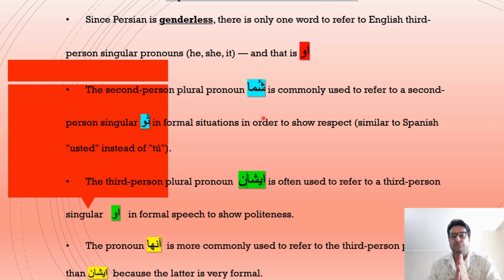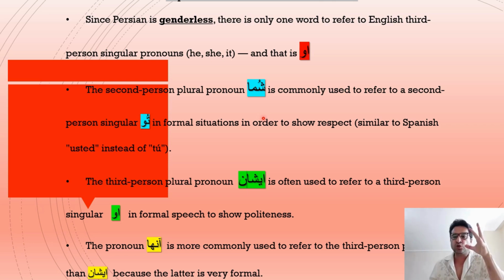So if I am working in a company, I have to use this word shomā. Okay, shomā. حالت چطوره? I can't say how are you. I would have to say حالتون چطوره. So you would learn this a bit later on.